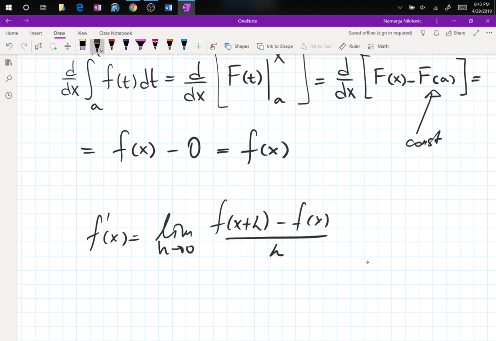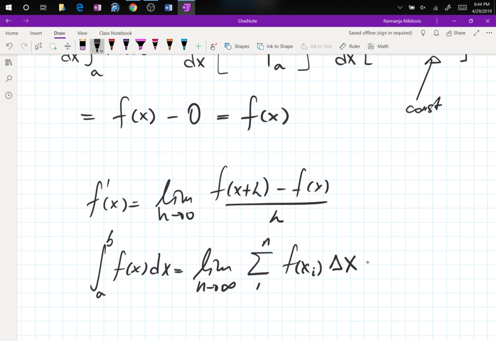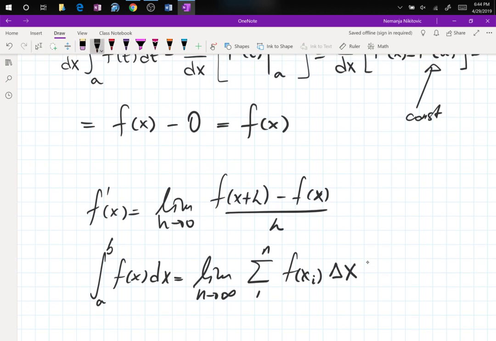And your integral from a to b of f of x dx is given as the limit as n goes to infinity of the summation from 1 to n of f of xi delta x. These are the two formulas that you learned. One is for the derivatives and the other one is the Riemann sums for integration.